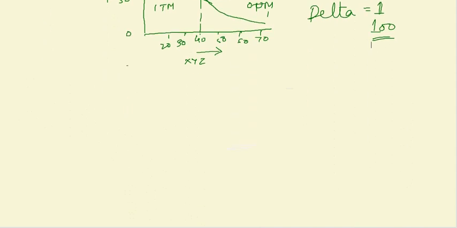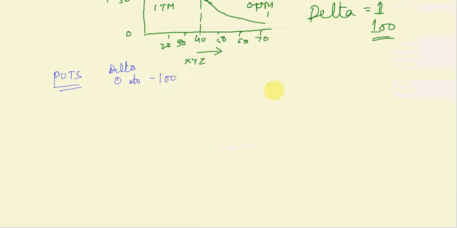And again, if we talk about puts, the range of delta for puts is 0 to minus 100.